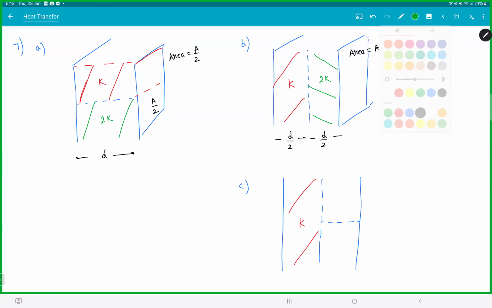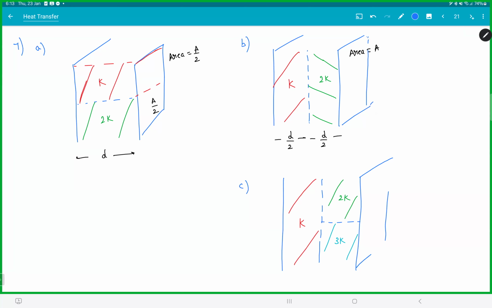This is K, this is 2K, this is 3K. So this area was A by 2, A by 2. This was D by 2 and D by 2. Find R equivalent.